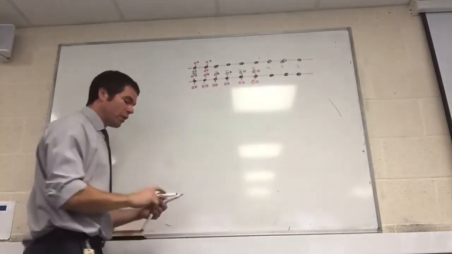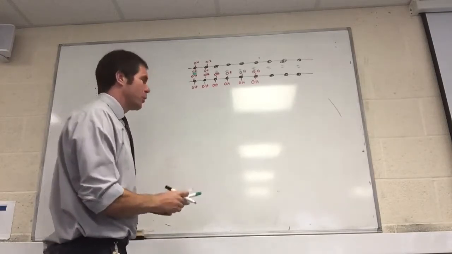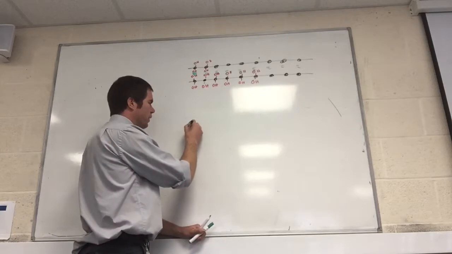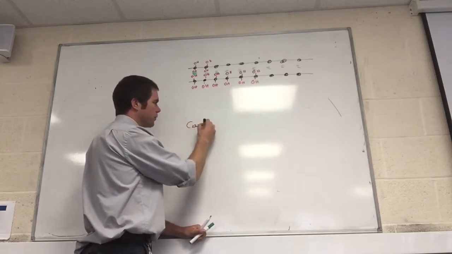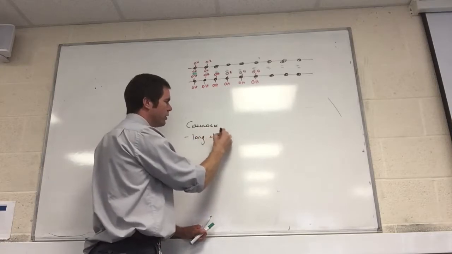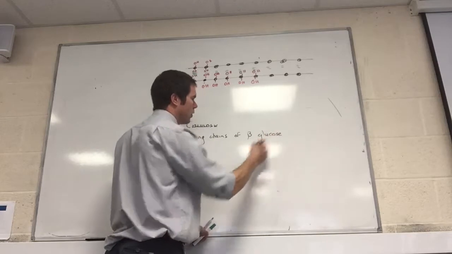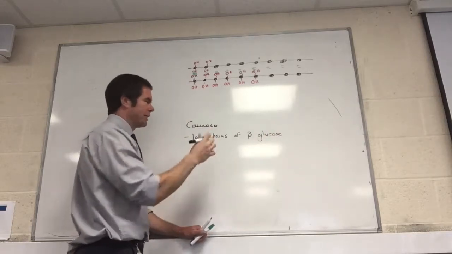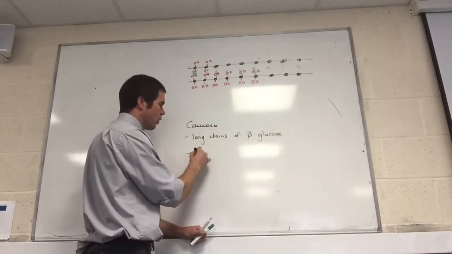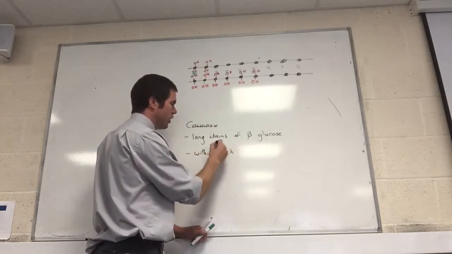Now the wording's got to be spot on here, and this is the bit people lose marks on, the way they word it. So, structure of cellulose. Number 1, long chains of beta-glucose. We could say joined by glycosidic bond, but it's less important. Within a chain, should I say within each chain?